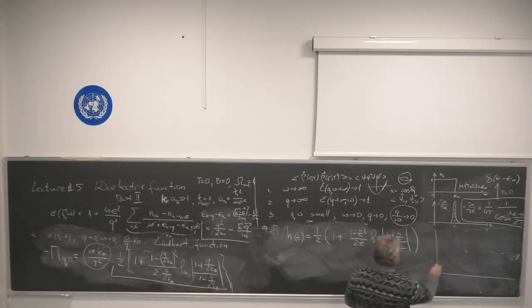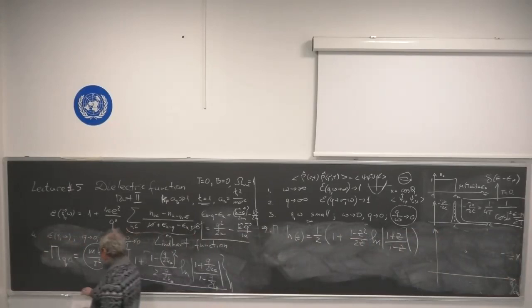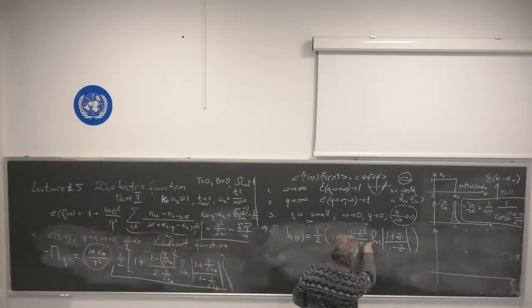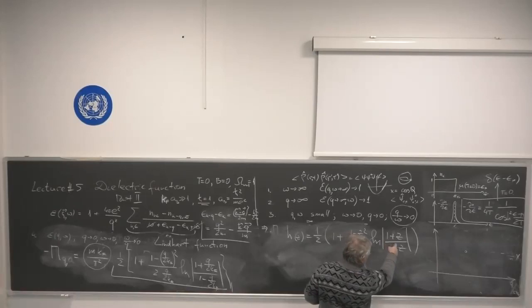Let's plot this Lindhard function as a function of q divided by 2k_F. First of all, if q is small, namely z is small, we expand this. It's (1 minus z squared) divided by 2z. Here, log (1 plus z) divided by (1 minus z).